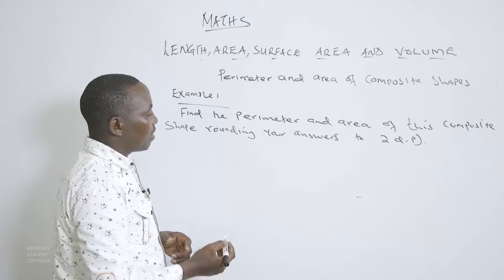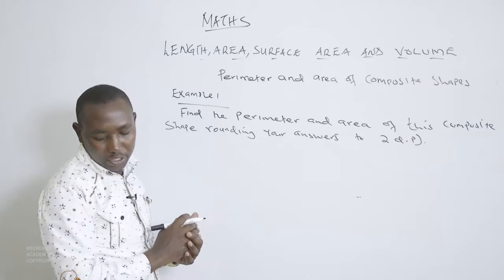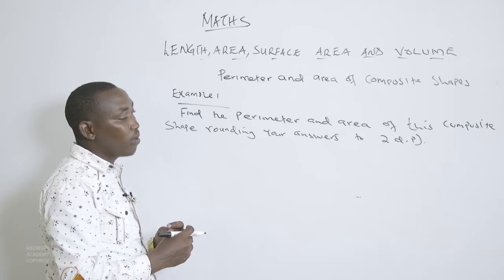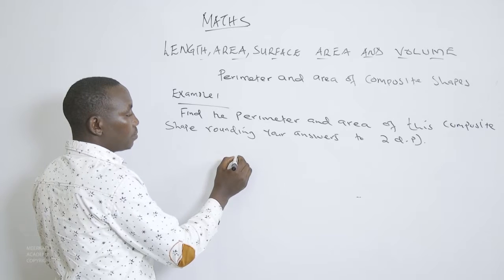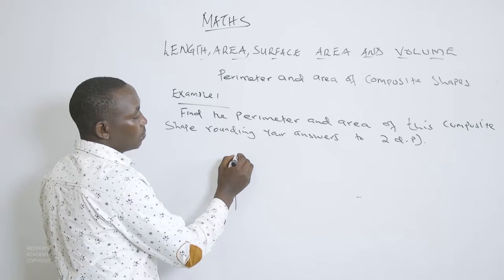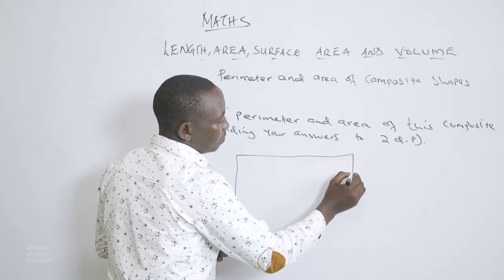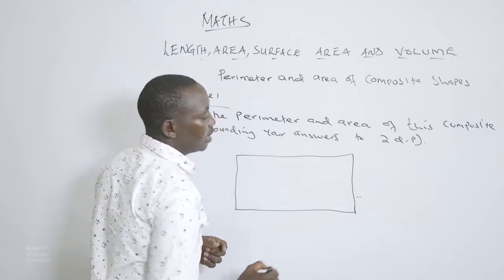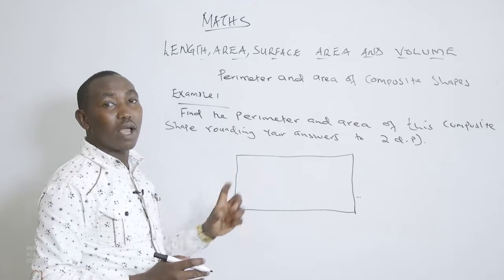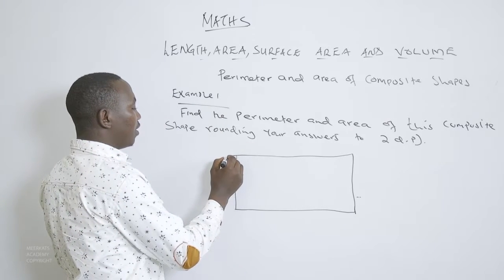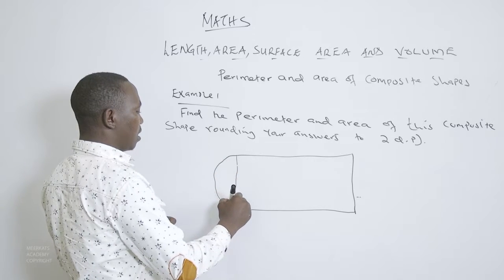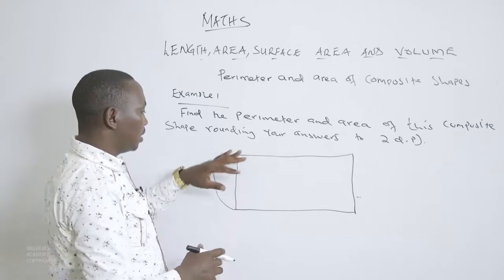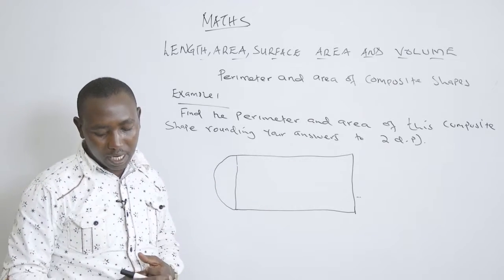We have a figure in the shape of a rectangle, then we have a semicircle attached to one of its sides. This is the circular part, then that is the rectangular part.